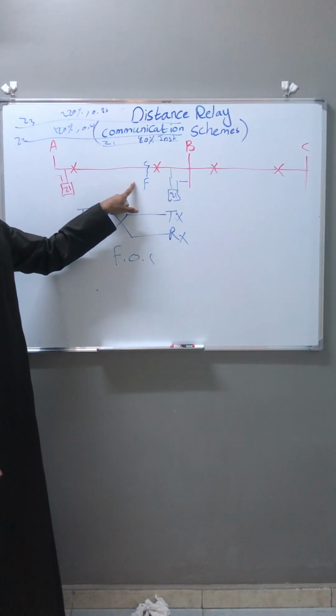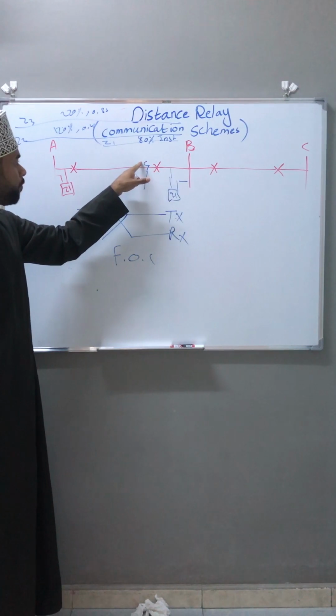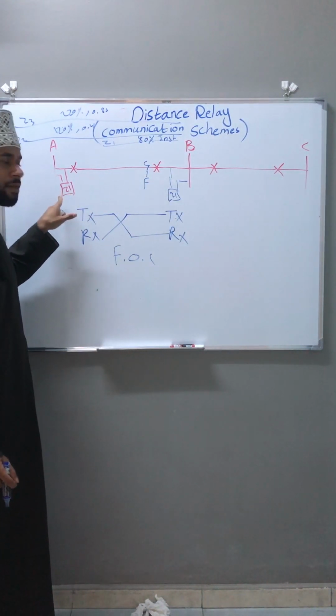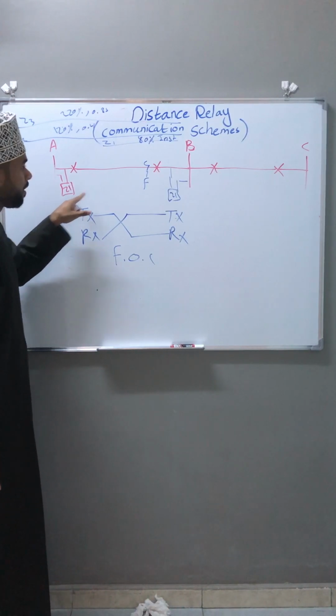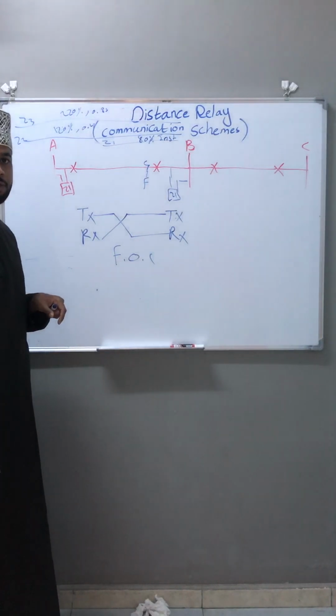Now for this fault, the distance relay in substation B will see the fault in zone 1, but the distance relay in substation A will see the fault in zone 2. So how will DUTT work?